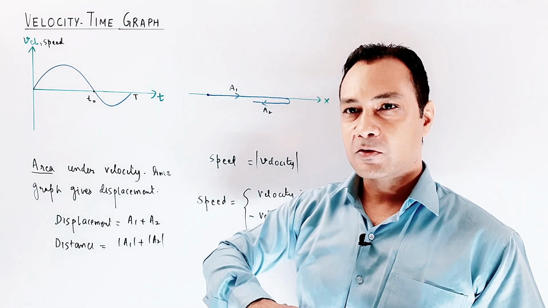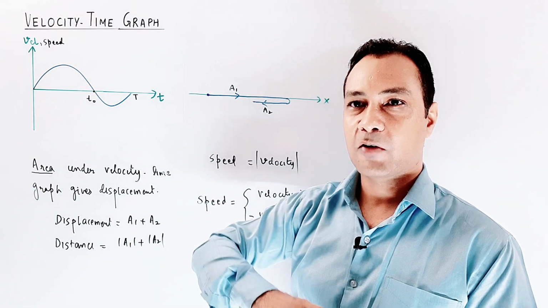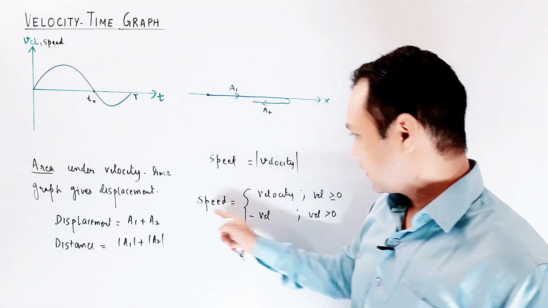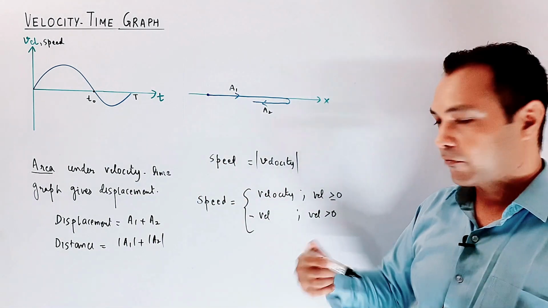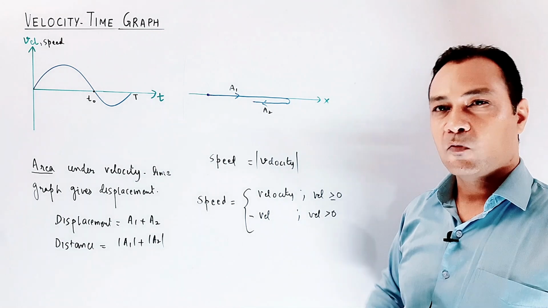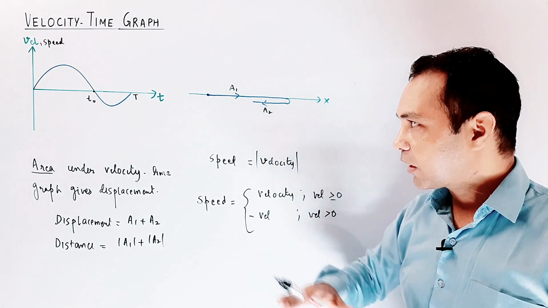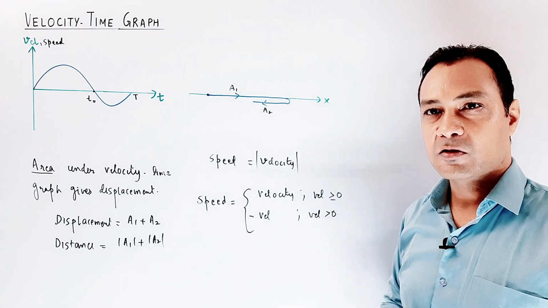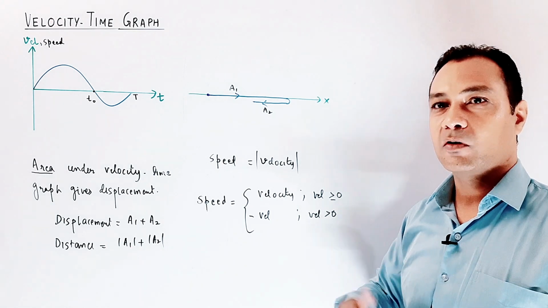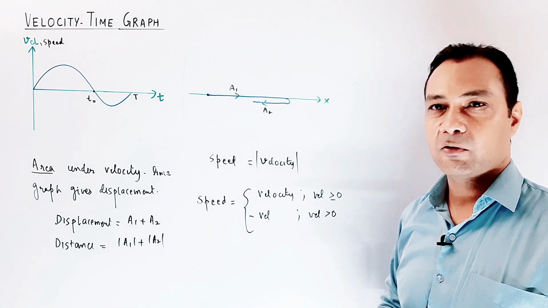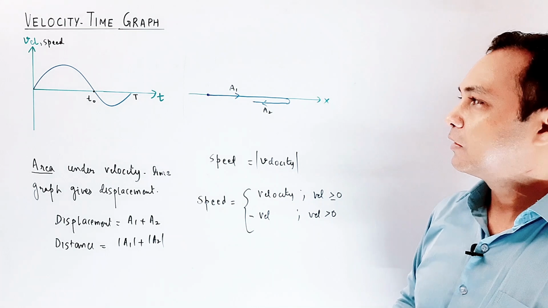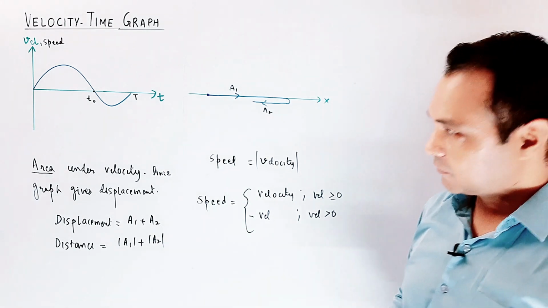If the graph is on the positive side, speed would be the same as velocity. I will not change the graph. Whatever part is below the time axis, there the velocity is negative, so I will have to convert it to positive. So I will make the mirror image of the graph with respect to the time axis.